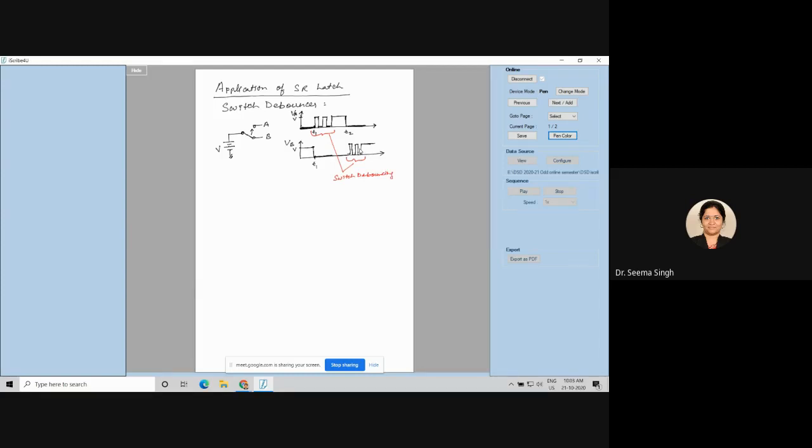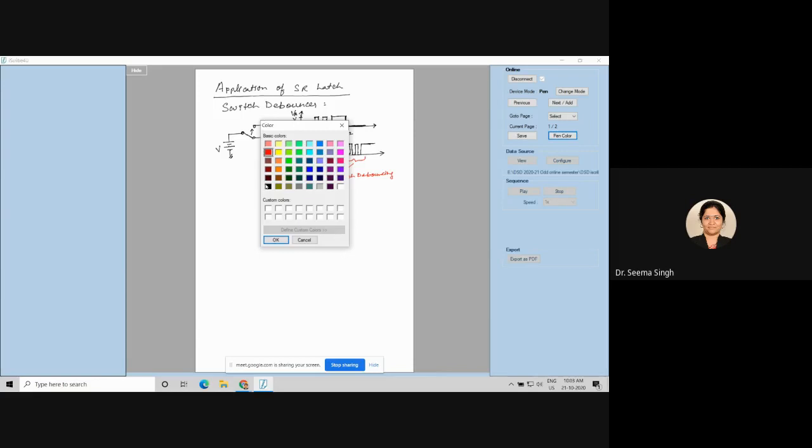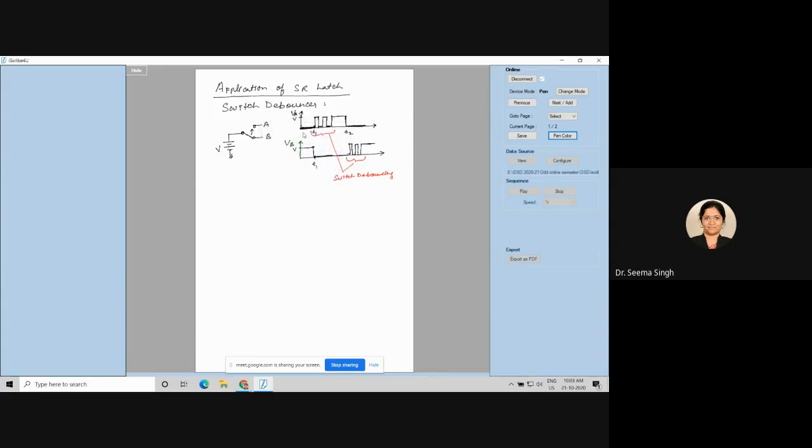Now I am telling that we have a solution using an SR latch. Can somebody think and tell me? I will be very happy if you are able to think and tell me. Again, I am making the switch. By the time if somebody gives me an answer, I will be happy.